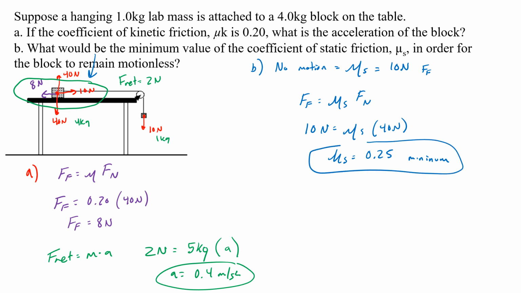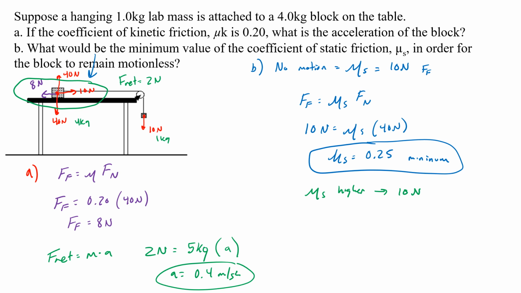Now, this is where friction is a little weird. A higher coefficient of friction would obviously provide more friction. So if this is higher, we still have 10 newtons of friction, because friction can only kind of rise to the occasion and meet the tension from the other side.